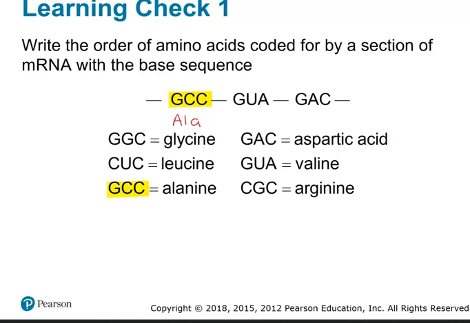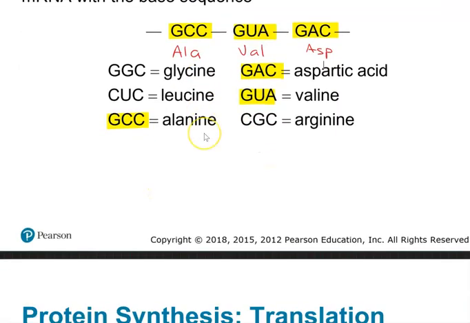GUA is valine. And GAC is aspartic acid. So this. Will you see it on the exam? It is possible. Will you be provided a table? Absolutely. So you should be able to do something like that.